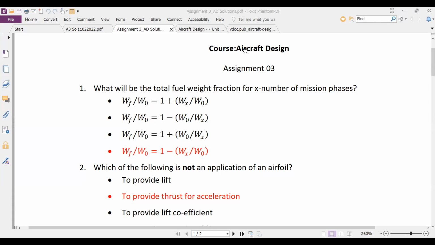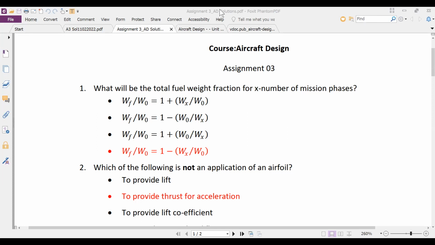The first question is, what will be the total fuel weight fraction for X number of mission phases? You can see the answer clearly, but do you know the reason why this is the answer? Yes, sir. Can you explain?